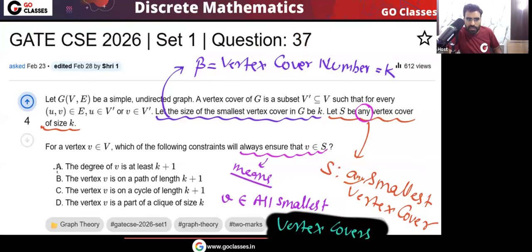Understood? Now let's see all these options one by one. Let's see the first option. The degree of V is at least k plus 1. We will try to counter it. We will try to contradict it, means we will try to find a contradiction. And if we cannot counter it, then it means that this is true.